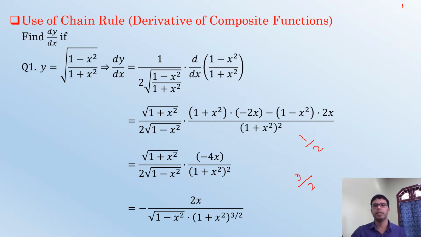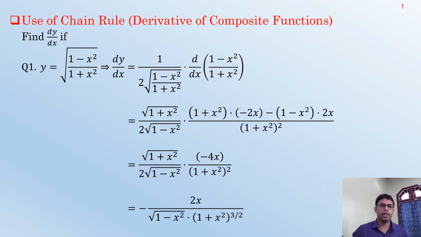Very simple, and usually these problems are not asked in your exam, but at the very beginning you should know the process of differentiation of a composite function, being a function of a function. So I am taking some questions here just to recall your knowledge from the first year.